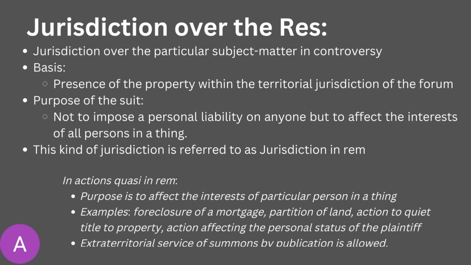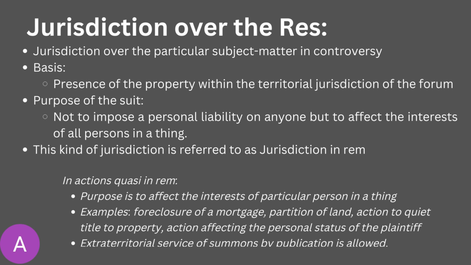What about actions quasi in rem? In an action quasi in rem, the purpose is neither to impose a personal liability on a person, nor to affect the interests of all persons in a thing, but to affect the interests of particular persons in a thing.